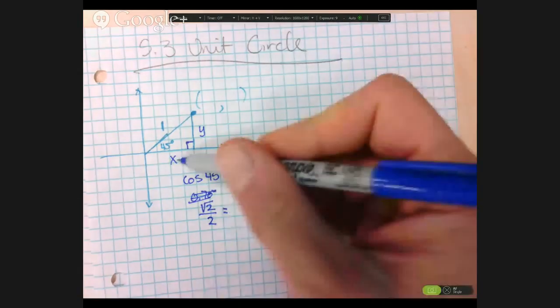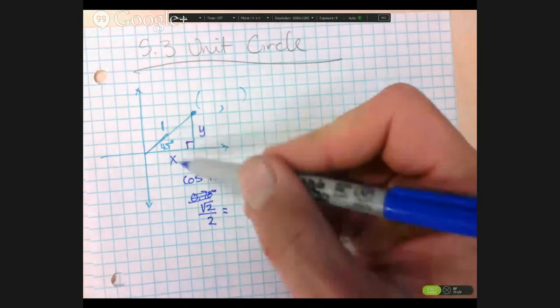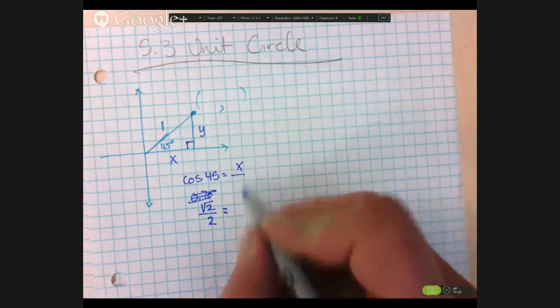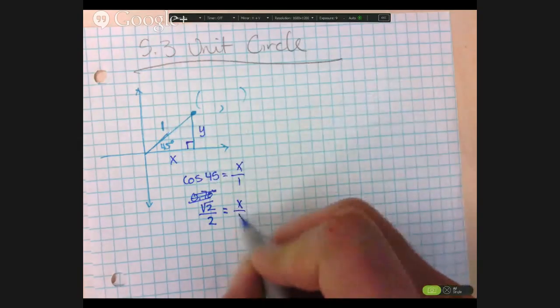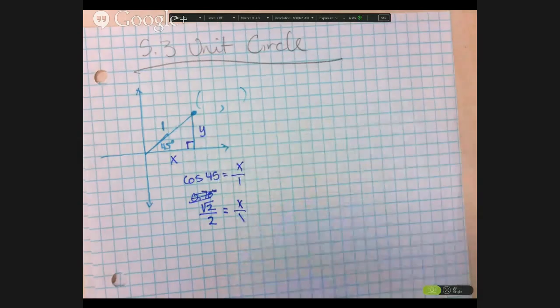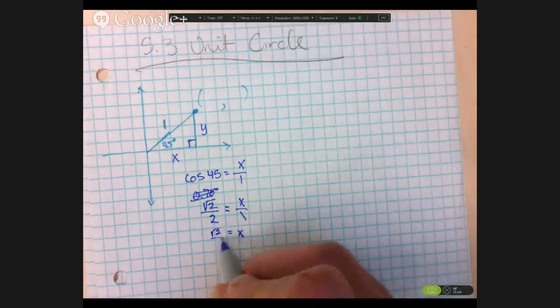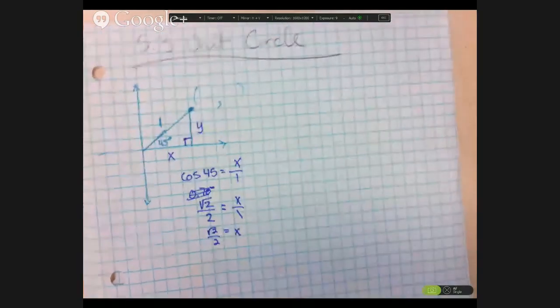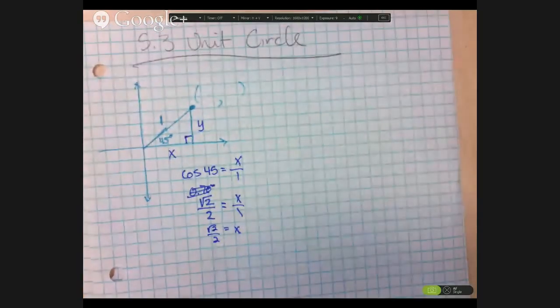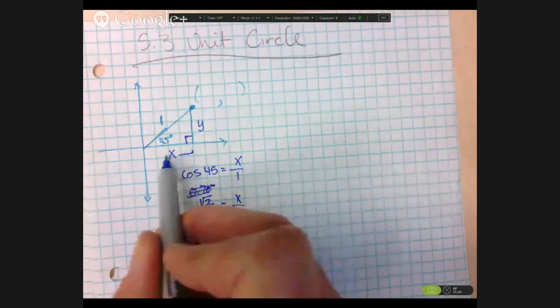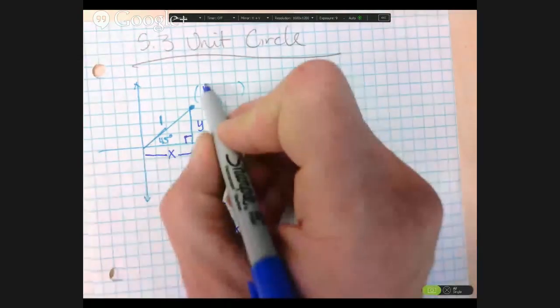Cosine is adjacent over hypotenuse, right? So x over 1. So x is root 2 over 2, right? That just happens to be the x value of this coordinate.